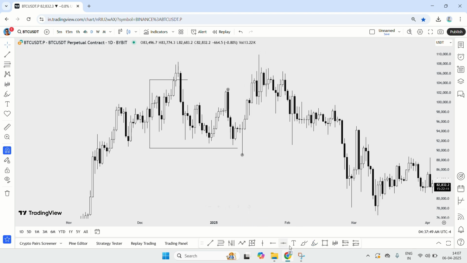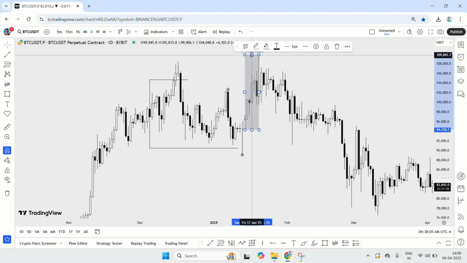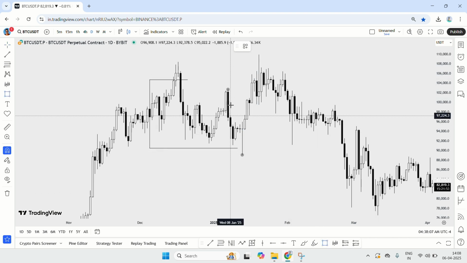So for this move, this is our manipulation leg. For this entire up move, this is our manipulation leg before the old low. Now for this entire down move from this high to this low, this entire up move was the manipulation.